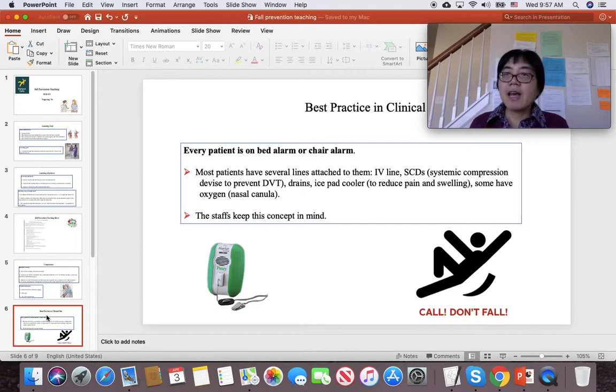That is another high fall risk factor for this kind of patient group. The staff on this floor are very aware of this. That's why they set the bed alarm or chair alarm. Every alarm triggers the staff's phone, so they come to check on the patient to prevent falls.